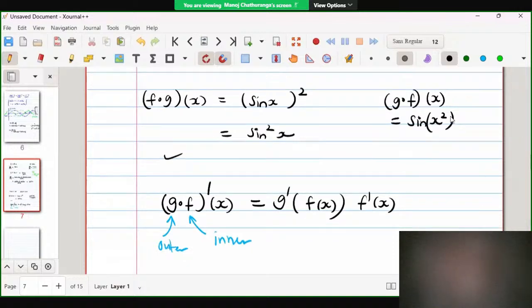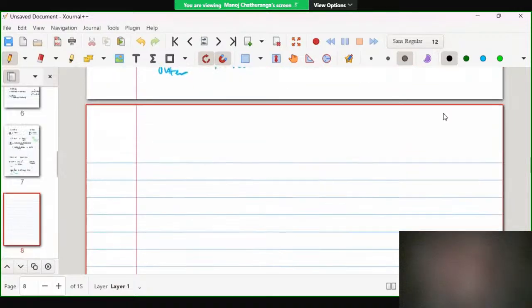For example, sine x squared. The outer function is sine. So to differentiate it, start from the outer function. Differentiate sine. Derivative of sine is cosine. Don't do anything to the inner function.